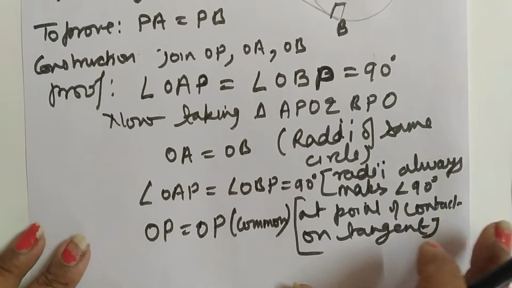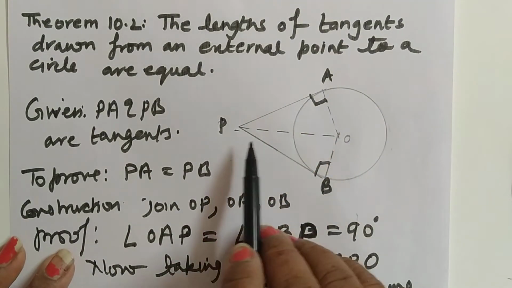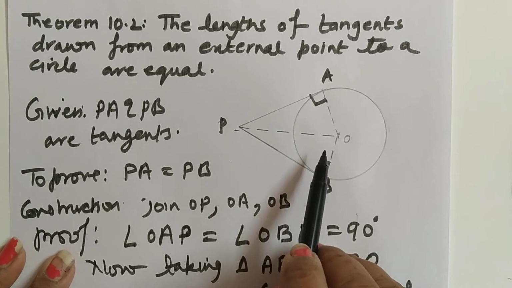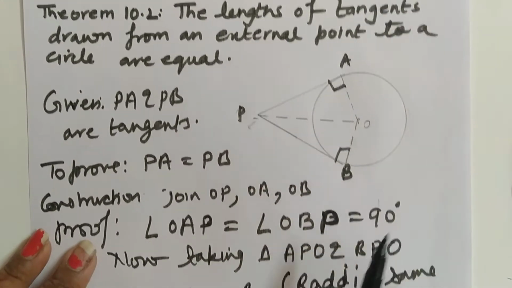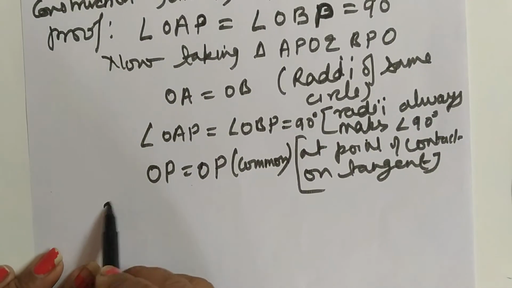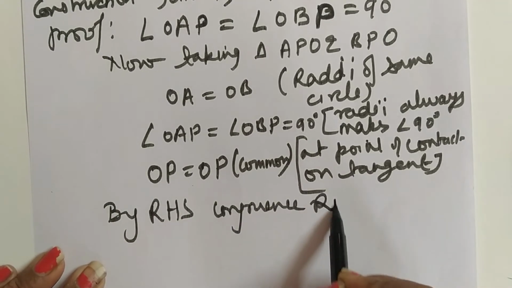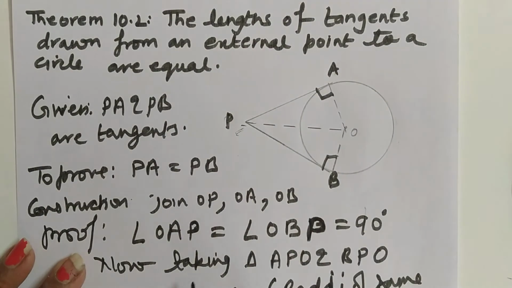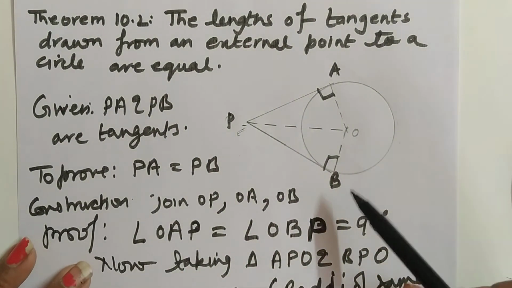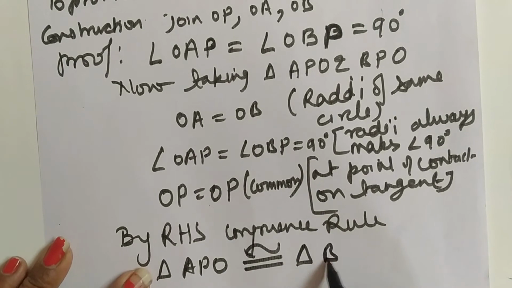Now we can see here the right angle, the side, and this OP behaves as the hypotenuse for triangle APO and triangle BPO. So by the RHS congruency rule, triangle APO is congruent to triangle BPO.